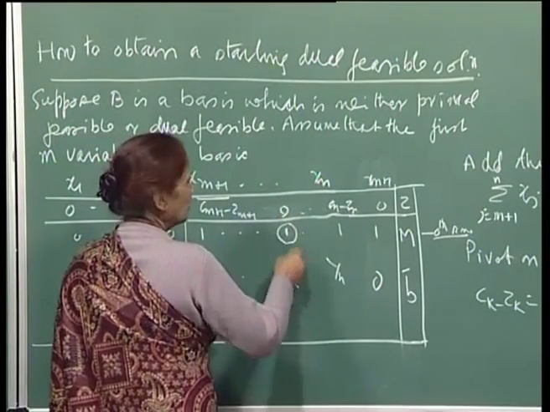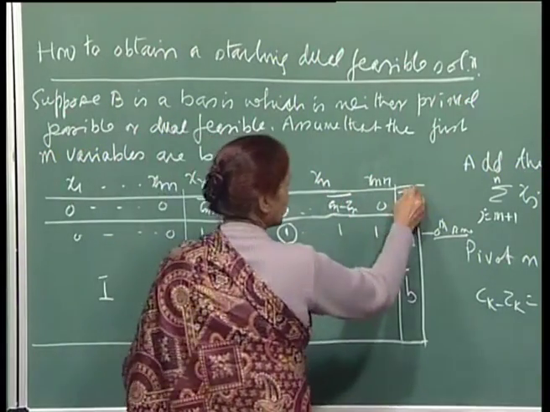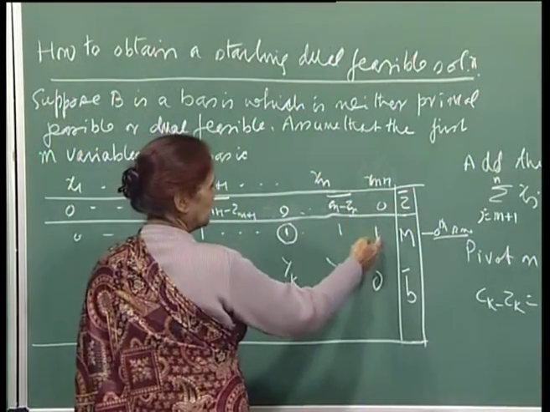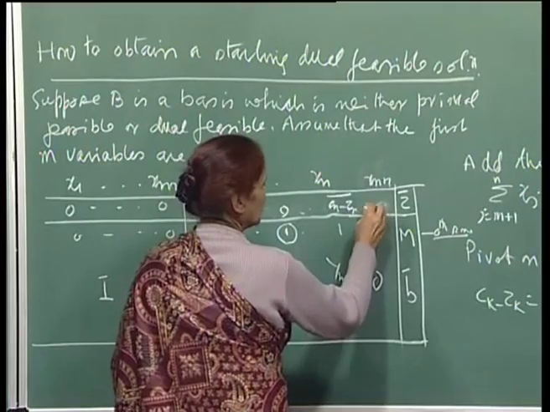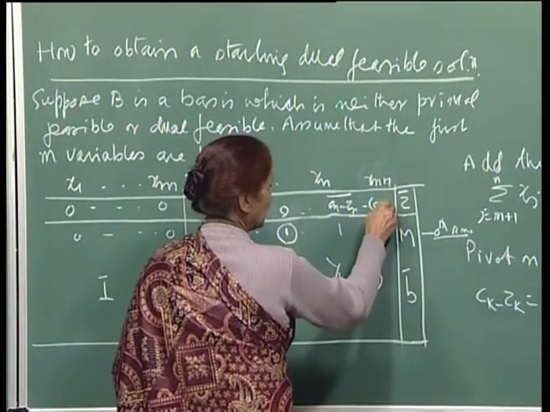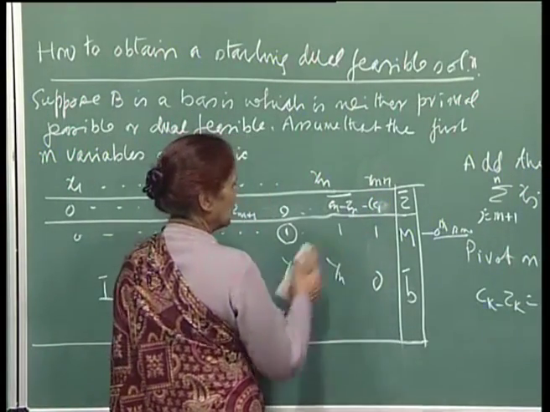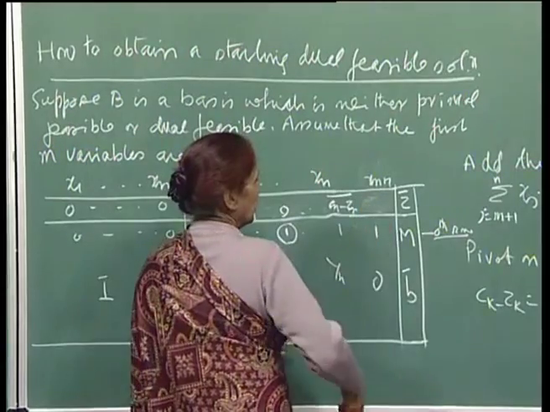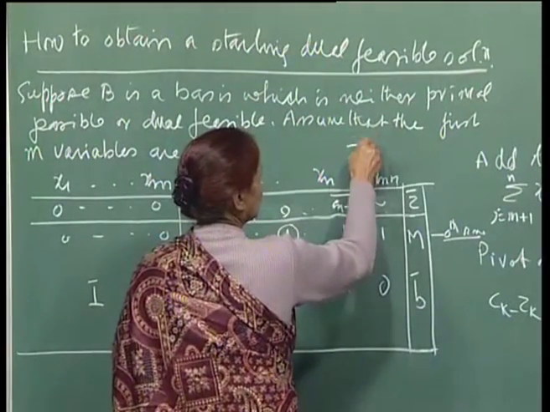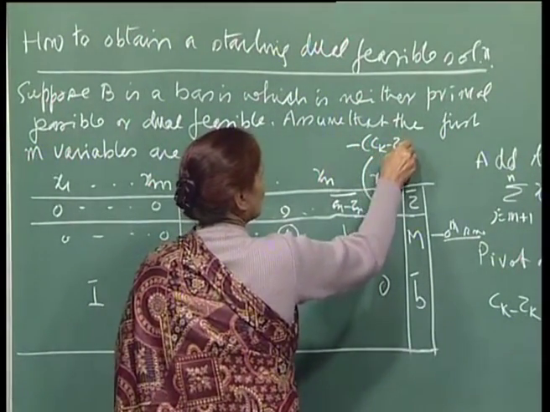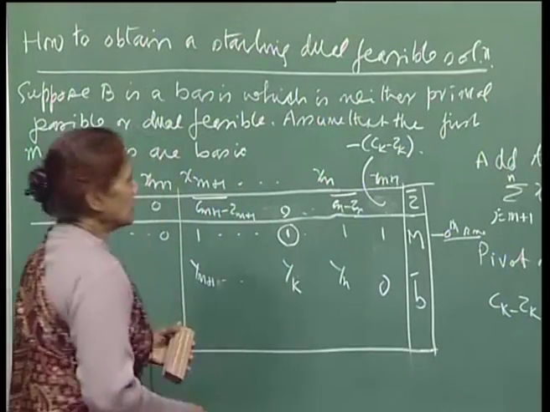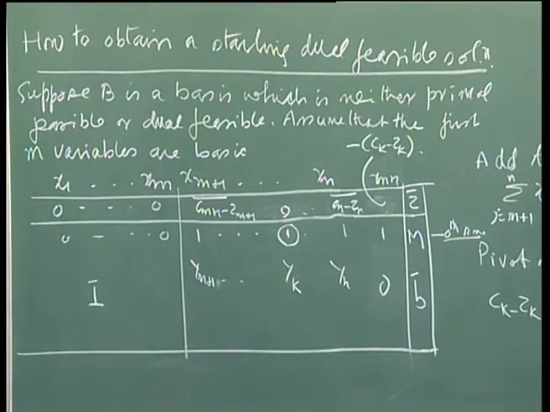So this will be 0, and this will become minus of C k minus Z k, which is also non-negative, which is positive.